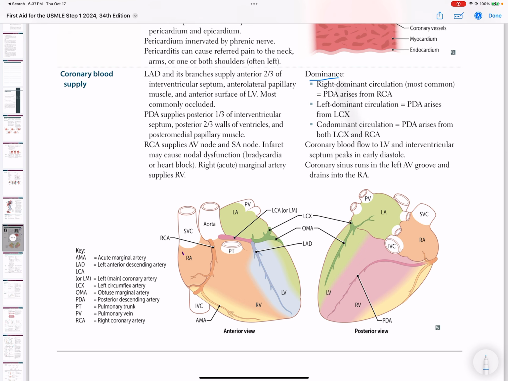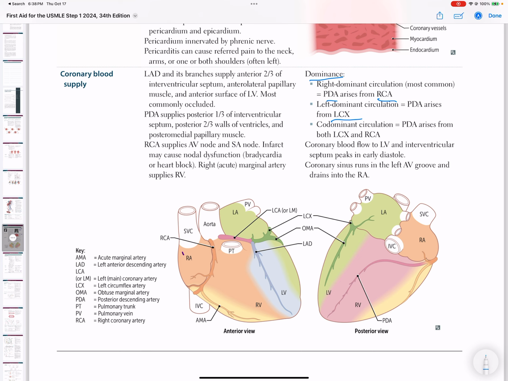Right dominance means it is the right coronary artery from which you get the posterior descending artery. Left dominant means it is from the left circumflex. Let's go ahead and discuss what these arteries are and why we are talking about dominance.